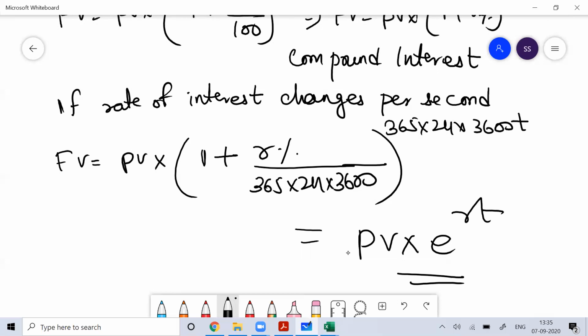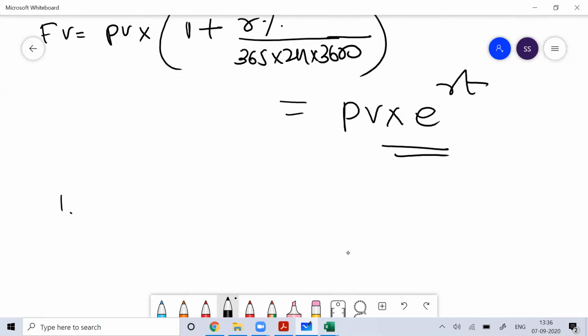Some bodies like NSC, National Savings Certificate, or Kisan Vikas Patra, calculate interest two times in a year, so the interest is compounded half yearly.